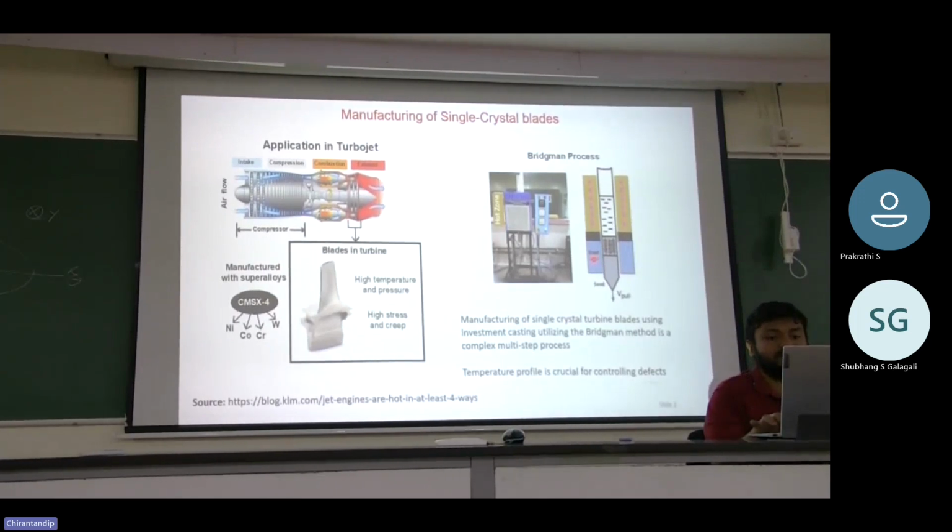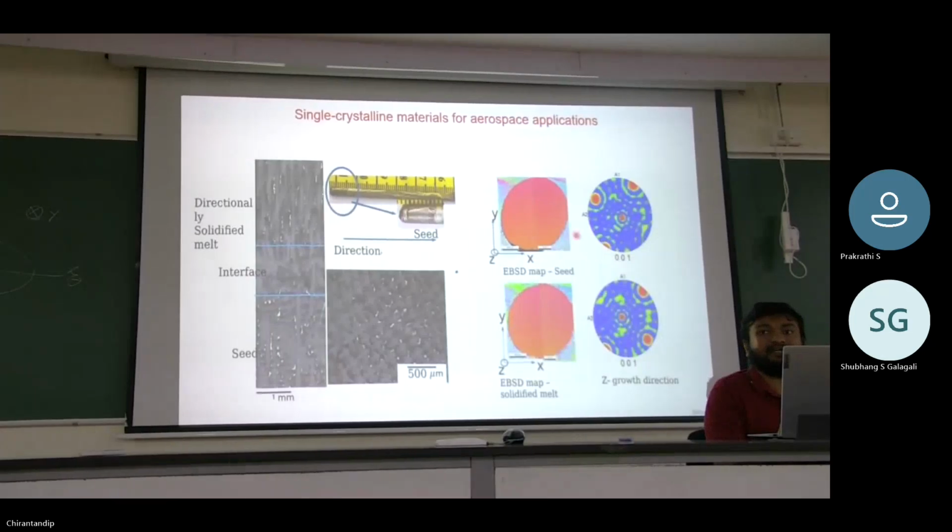From this kind of setup, we can get nice directional solidification. This is from our lab colleagues who have done this EBSD mapping and also this pole diagram of this directional solidification. It shows the orientation of the crystals, perfectly oriented in one direction, along the Z direction.